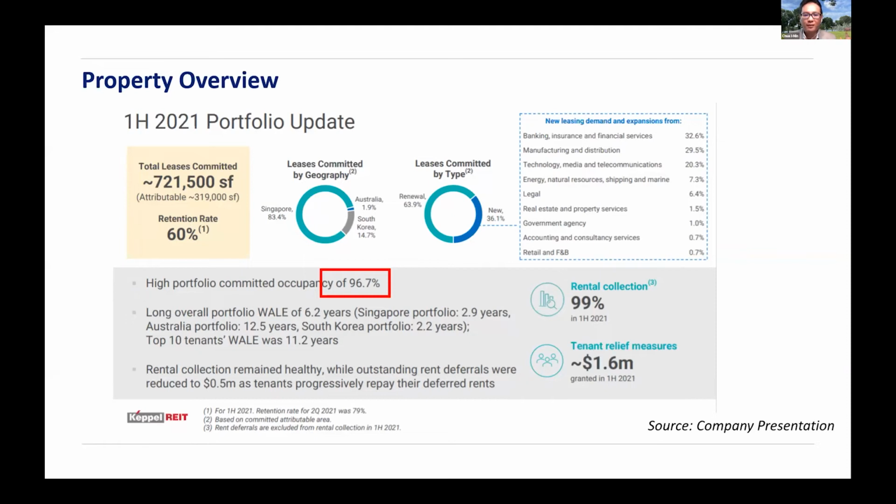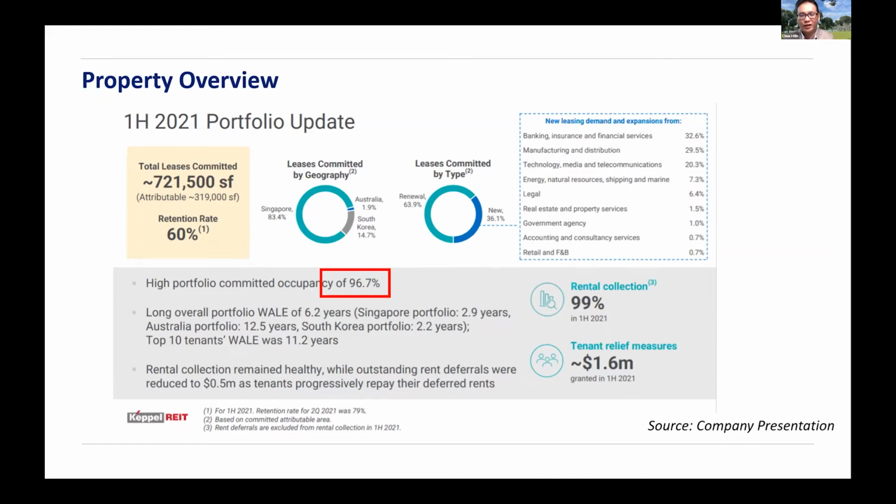Also, please don't have the impression that now the whole world is working from home and people are vacating the office. That is not true. In fact, if you speak to some of these MNCs, rental cost to them is relatively speaking of less significance.